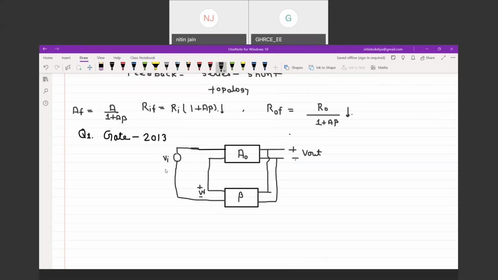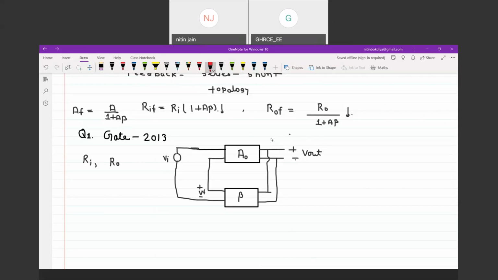So the question is, what will be the new input resistance and output resistance if the open circuit input and output resistances are Ri and Ro? So you have to check the sampling. What is the sampling? Voltage sampling.